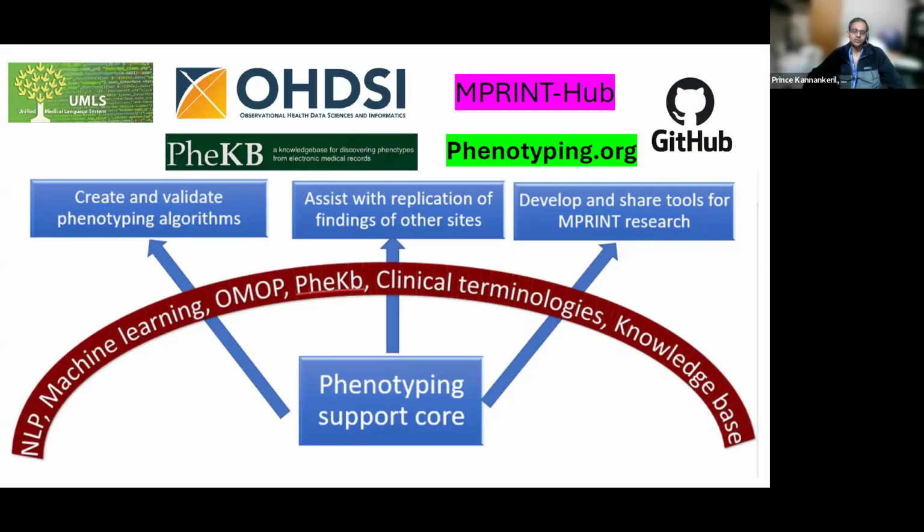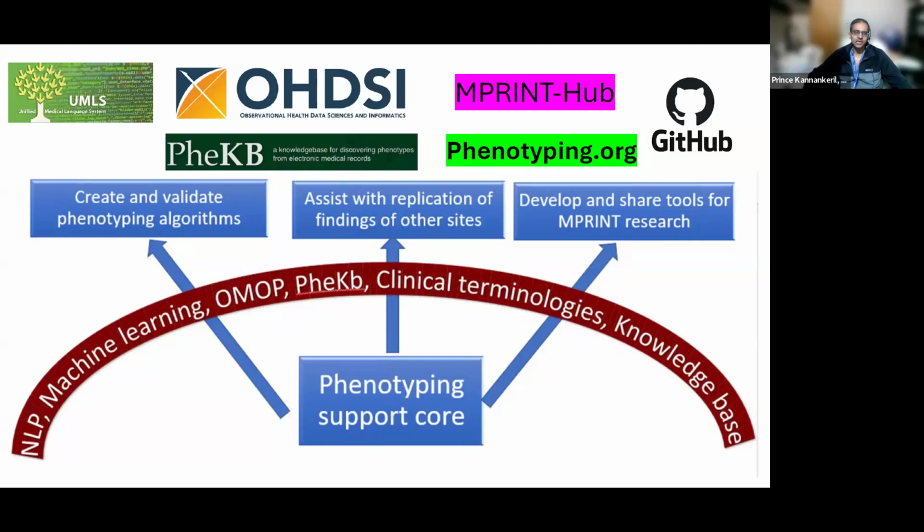Predominantly what they do is work with electronic health records data and large data sets, particularly those tied to large biobanks. And they use tools like natural language processing, machine learning, and so on. And they develop these algorithms which they share widely on PKB.